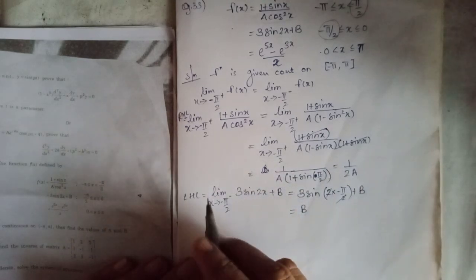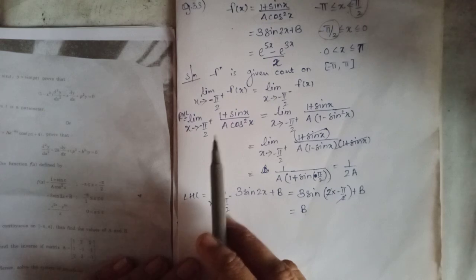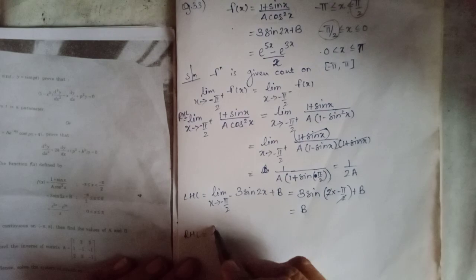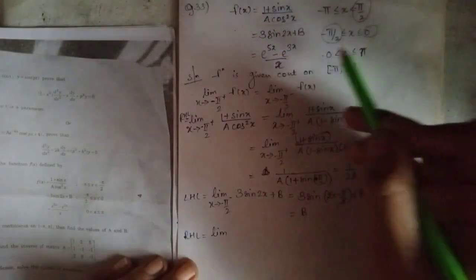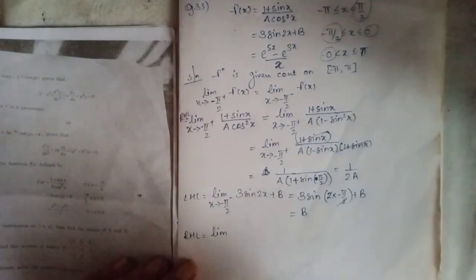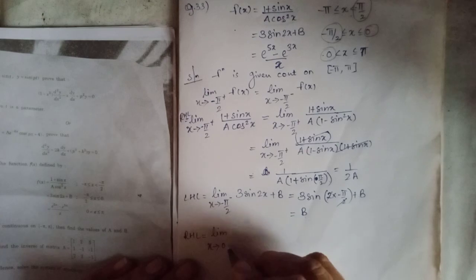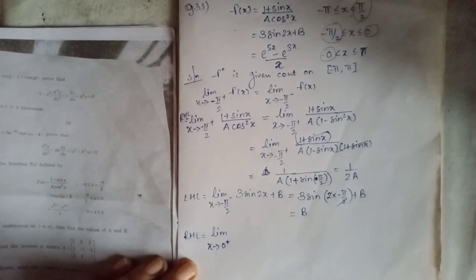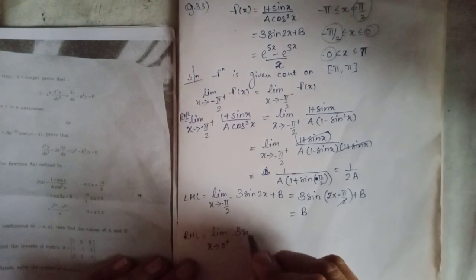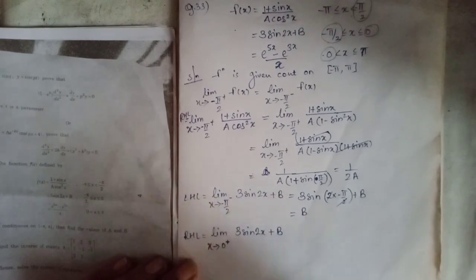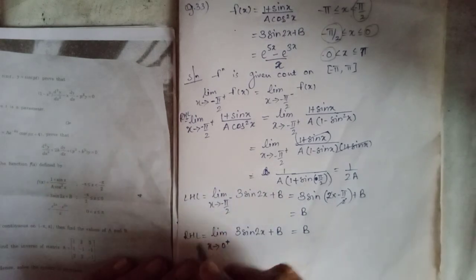Then second, we have to take the right hand limit at 0. Limit as x tending to 0 plus, 3 sine 2x plus b. Sine 0 is 0, so this will be b.